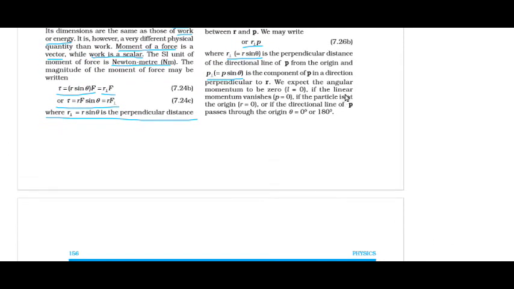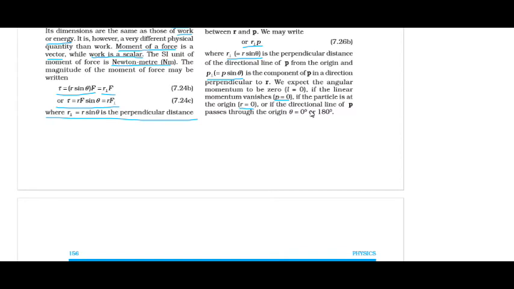We expect the angular momentum to be 0, L is equal to 0. When will L be equal to 0? If the linear momentum vanishes, when P is equal to 0. If the particle is at the origin, that is, if the particle has no distance from the origin, the particle is sitting on the origin, then also angular momentum will be 0.